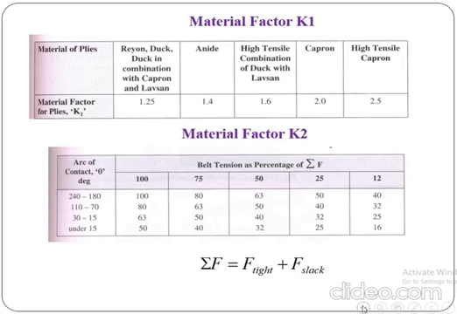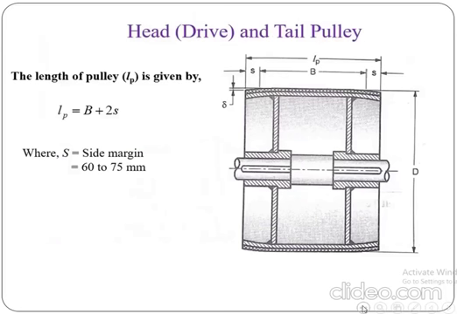K2 is selected on the basis of the arc of contact and the belt tension as a percentage, or F. The summation of F is F tight plus F slack. K1 and K2 are selected, and from this D minimum is calculated as K1 into K2 into ZP, where ZP is the number of plies.